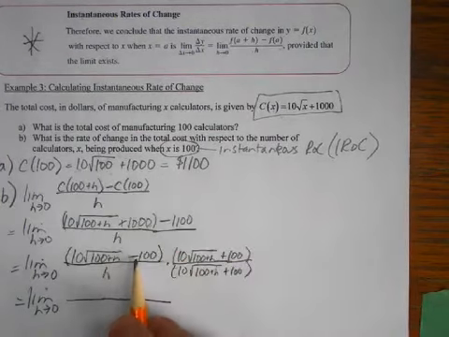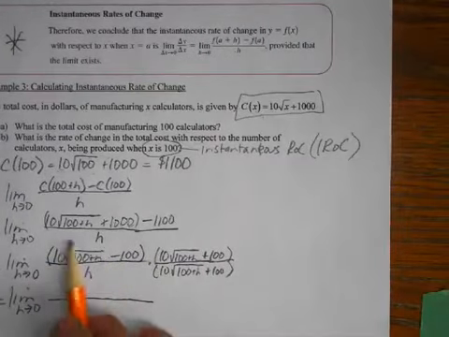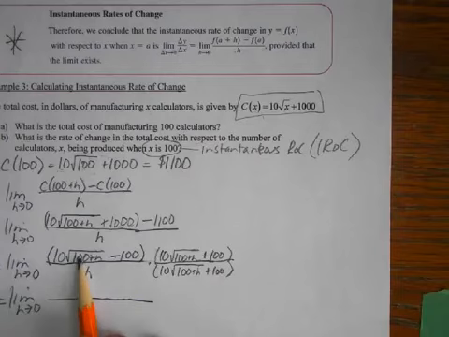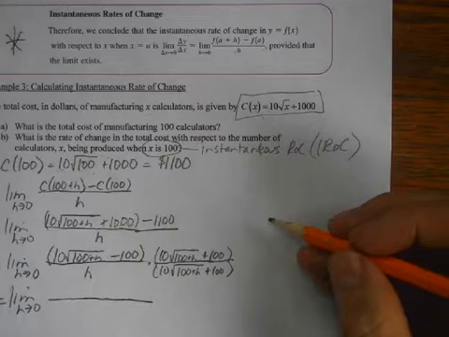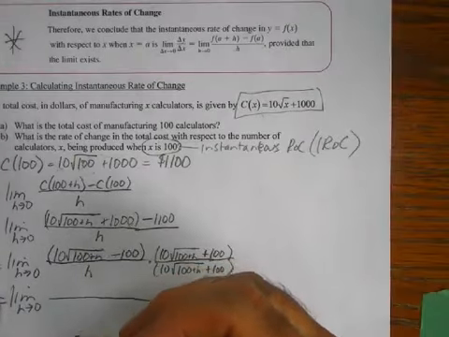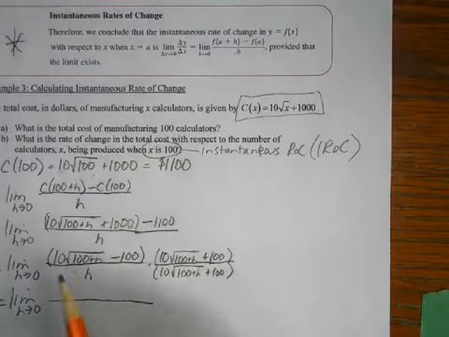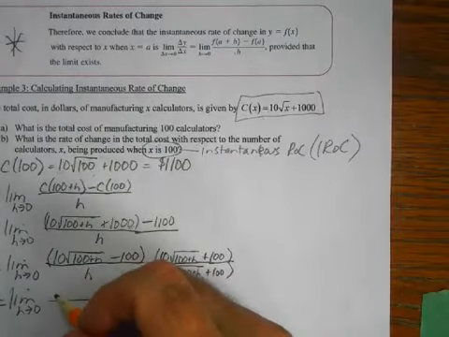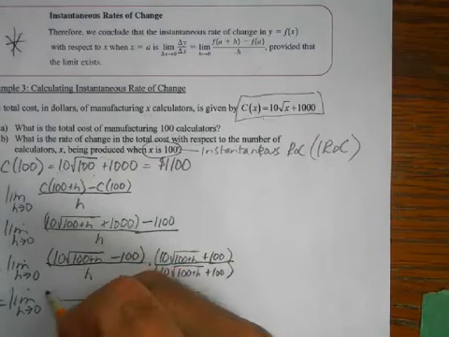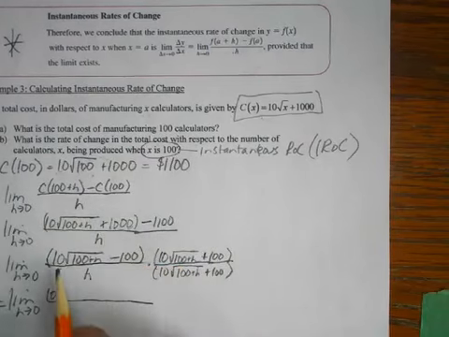So what we're going to get here, I'm basically squaring this term here. So when I square this term, let's see, it's going to be 100. So I square the 10, I get 100.